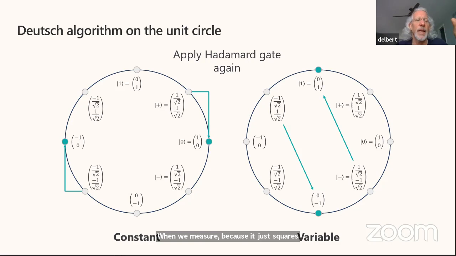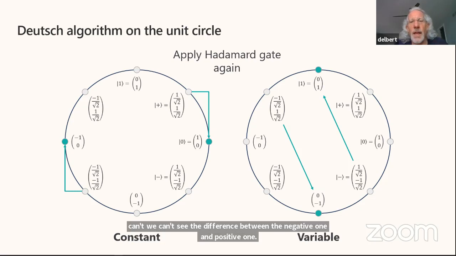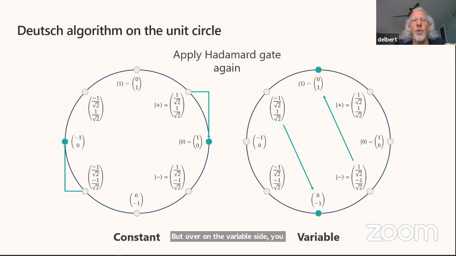So we can't see the difference between the -1 and the +1. But over on the variable side, you see we're ending up with state 1 instead. So that tells us our answer. That's how we distinguish between the constant and the variable function. Okay.